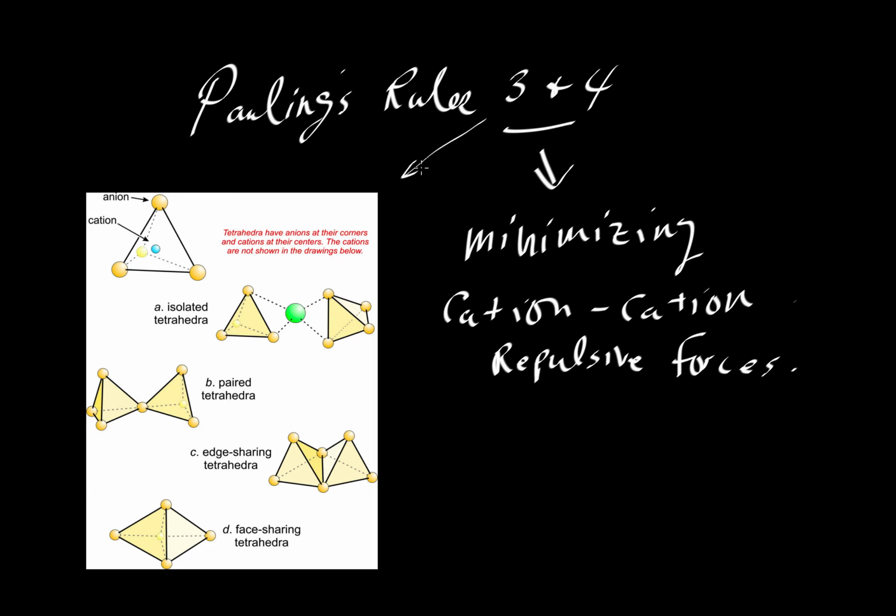Rule 3 is really about geometry. Here's a diagram from the online textbook by Dexter Perkins, and he shows a cation here in blue that is coordinated with 4 oxygen atoms. Now, those tetrahedra can share various polyhedral elements. This is referred to as a polyhedron.